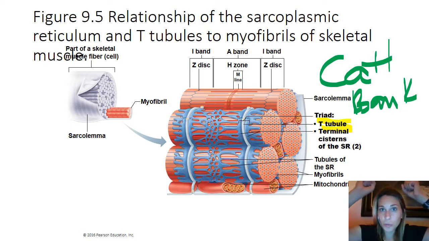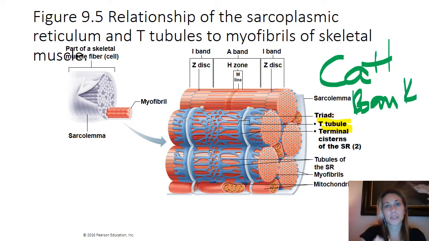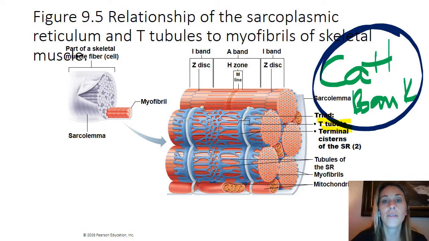Then it moves the tropomyosin out of the way, and binding happens between myosin and actin, closing up that gap and shortening the muscle in a contraction. Now, how do you get relaxed again? You need to pump that calcium out of the myofibrils and into the sarcoplasmic reticulum bank again. That's where calcium is held, and that's how we control the contraction and relaxation process. It's all about pumping calcium in and out of the system.